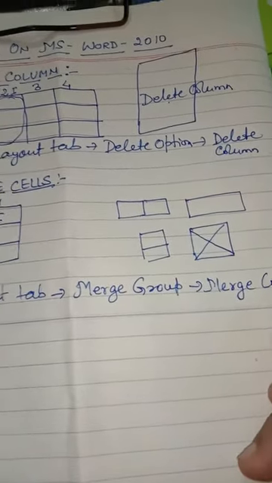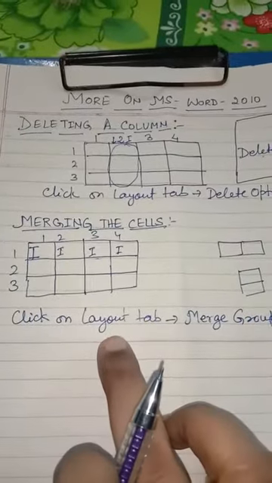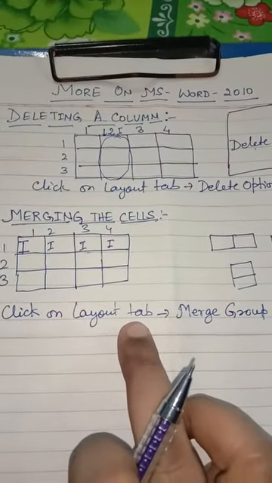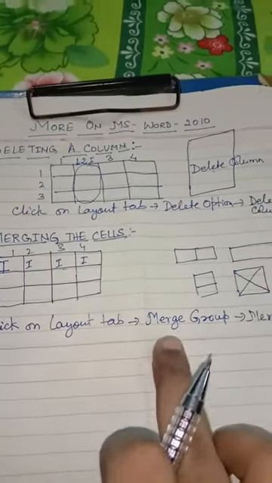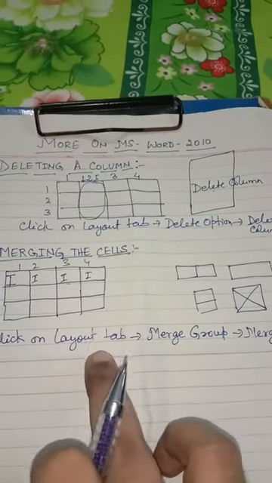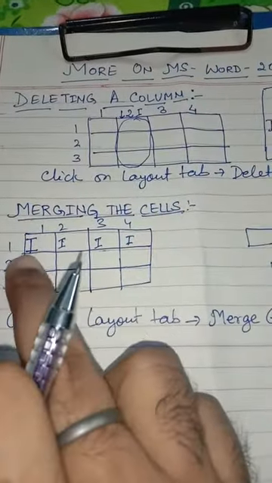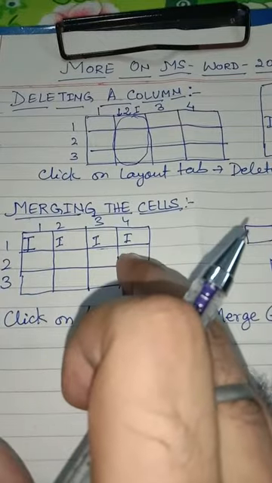So move to the layout tab, then move to the merge group. In the layout tab and in the merge group, click on merge cells. As soon as we click on merge cells, all the cells of the first row get merged into a single cell.